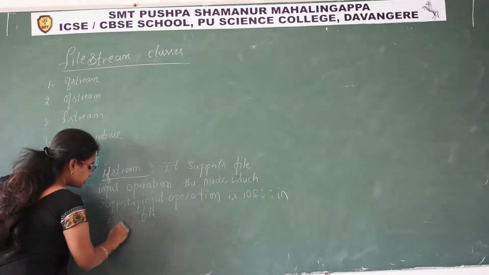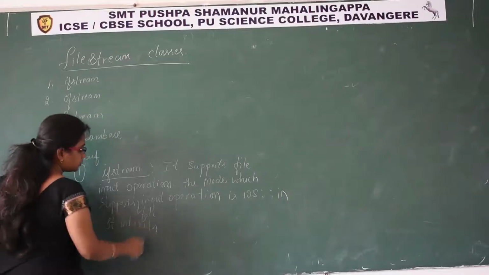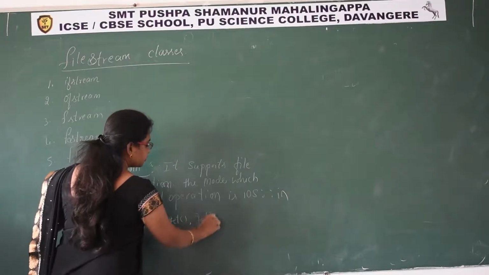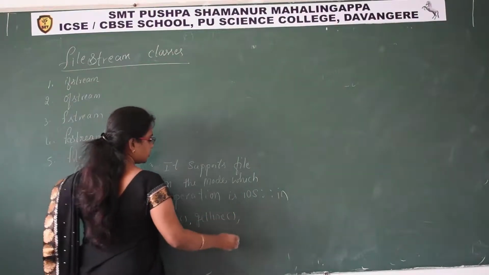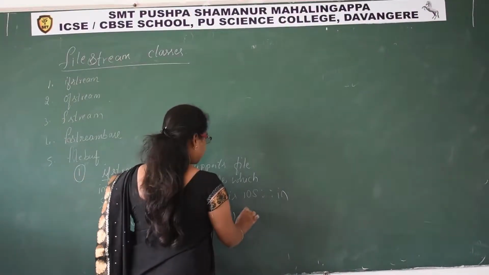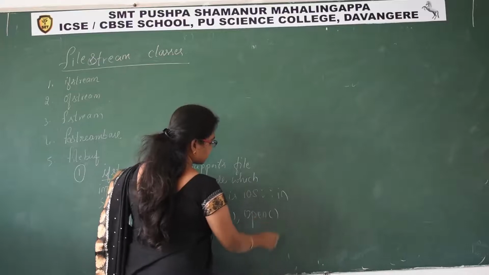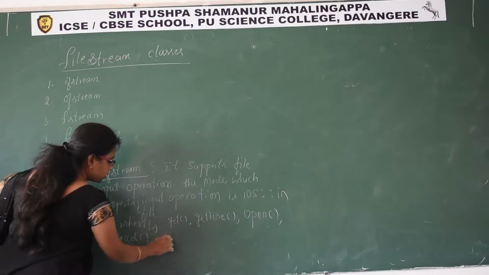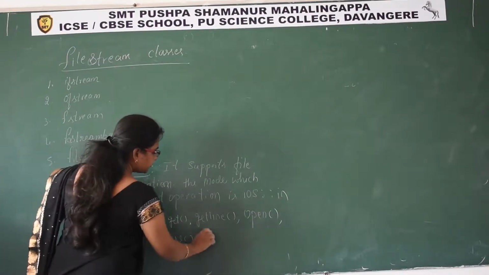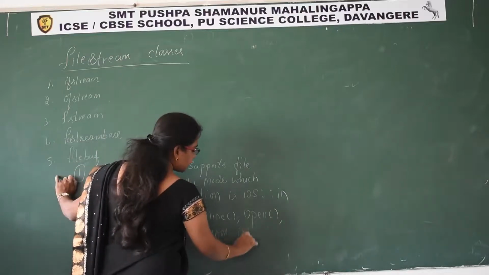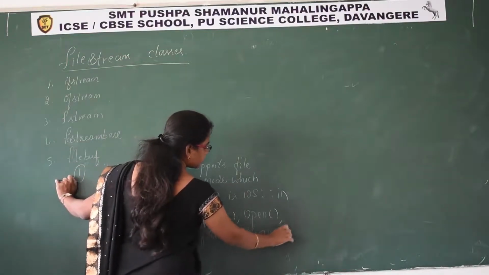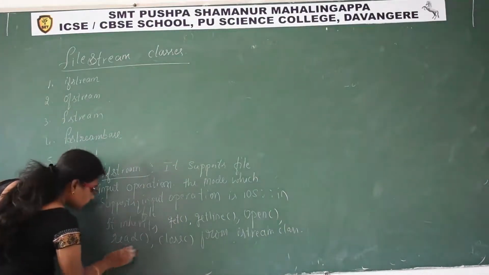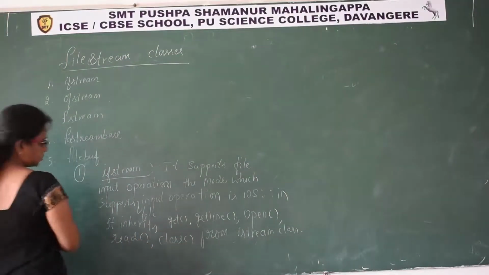It inherits the get function, getline function, open function, read function, close function from the istream class. These are the members, and some more functions are also there: seekg and tellg. These two are important.